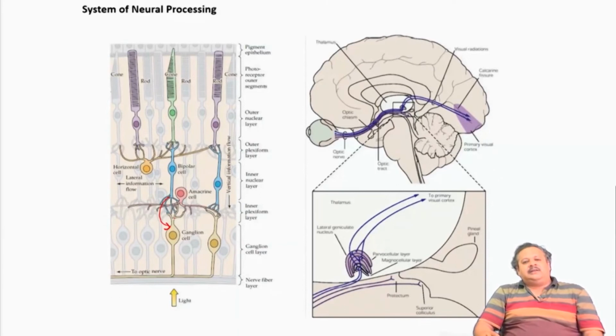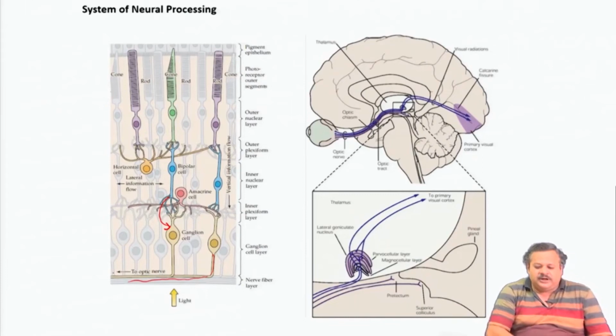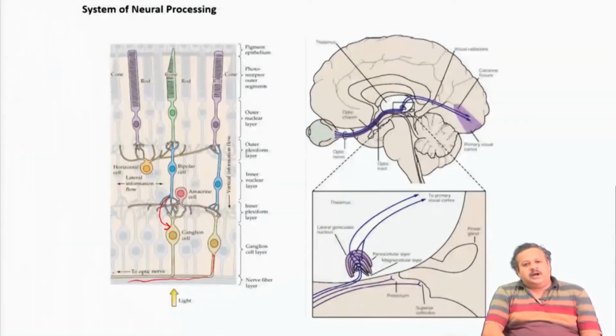The retinal ganglion cells are the first neurons that produce action potentials in the visual pathway, and their axons transmit that information through the optic nerve into the central nervous system.